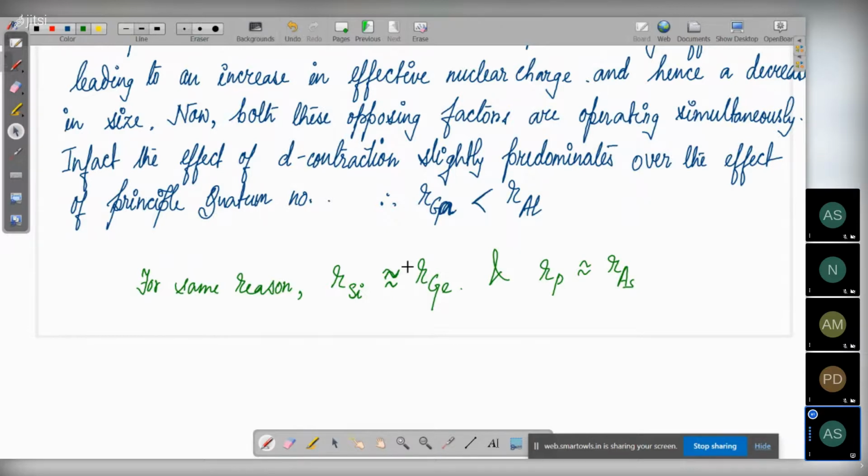So the radius of silicon is approximately equal to the radius of germanium, whereas the radius of phosphorus is also almost equal to the radius of arsenic. That is the meaning of the curved equal sign.